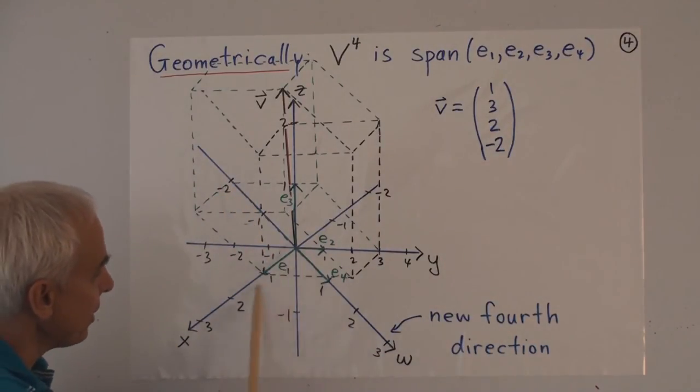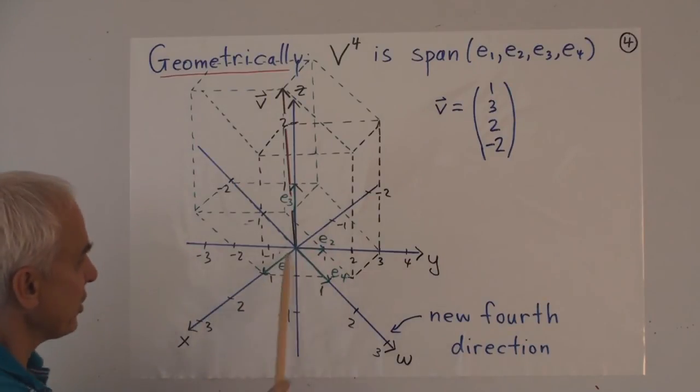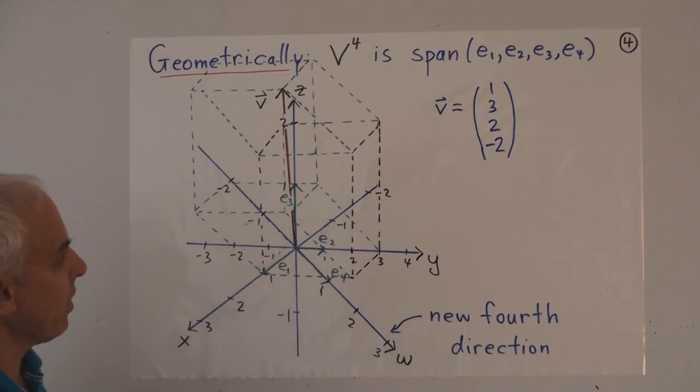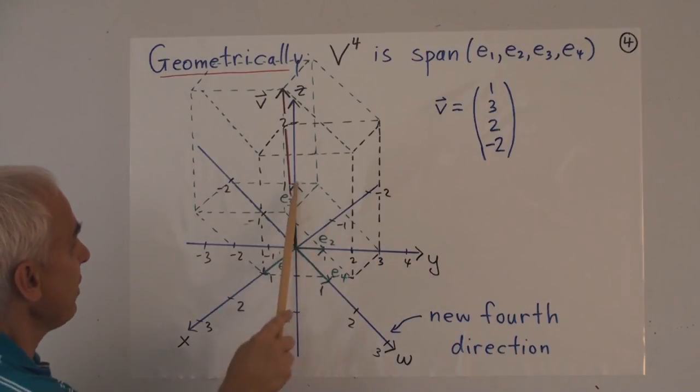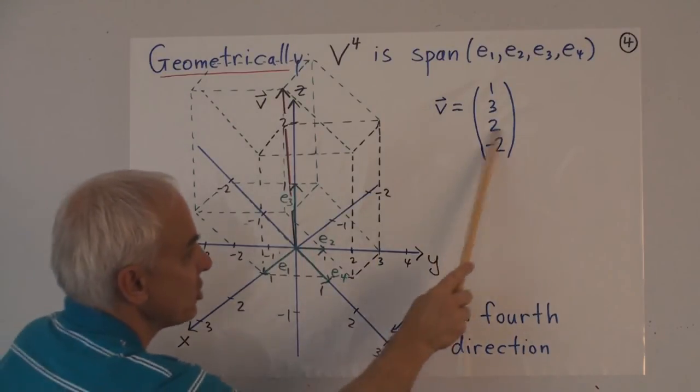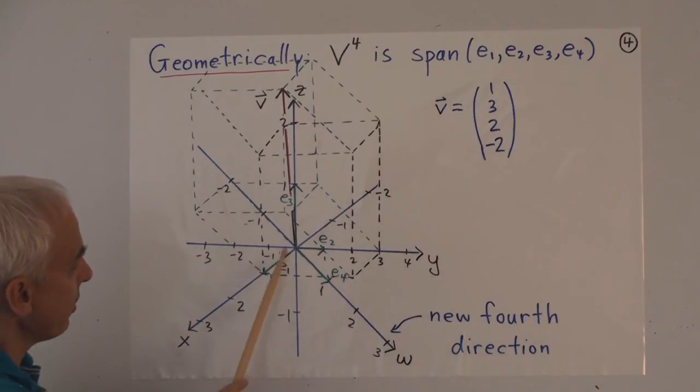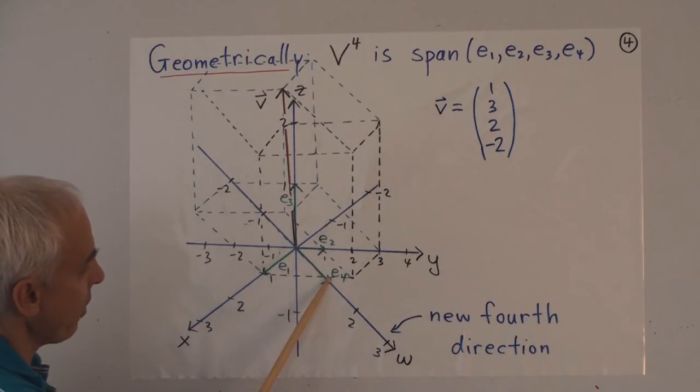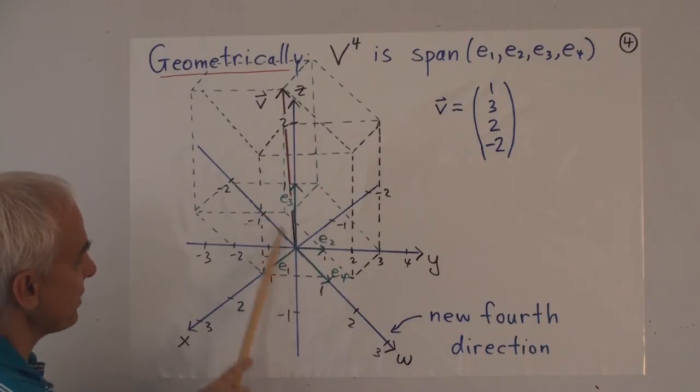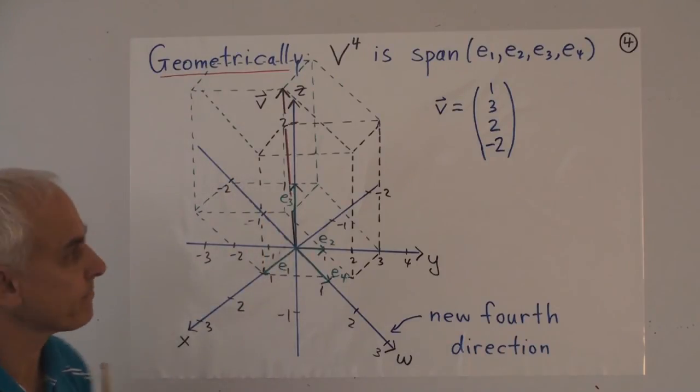So we're adding different components in different directions. We're adding 1 times the vector E1, 3 times E2, 2 times the vector E3 up here, and minus 2 times the vector E4, which is where? Now that's E4, then that's minus E4, and that's minus 2E4.